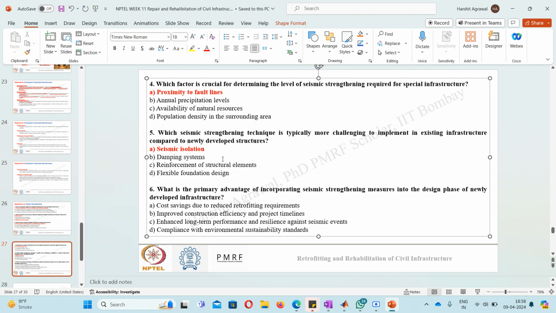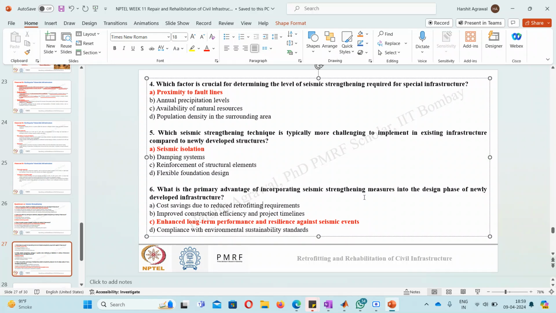which can sometimes be challenging in application. Okay. The sixth question is, what is the primary advantage of incorporating seismic strengthening measures into the design phase of a newly developed structure? The answer will be to enhance the long-term performance and resilience against seismic events. Okay, so this will be the correct answer.